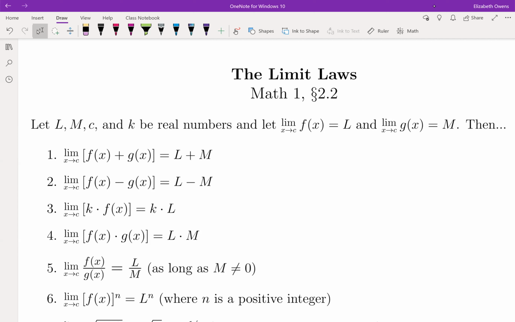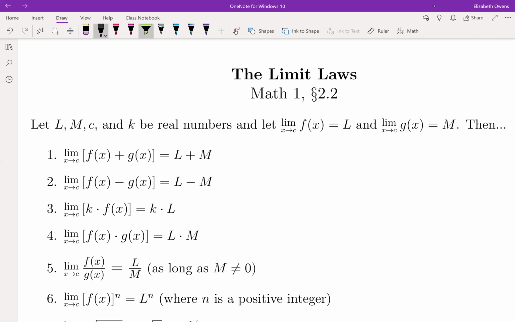You don't need to remember, oh, this is law number 3. Just know the basic principle of these limit laws and how they work overall. Most of this can be fairly intuitive if you just think of those limit values as y values for the functions, the y values that are getting approached.